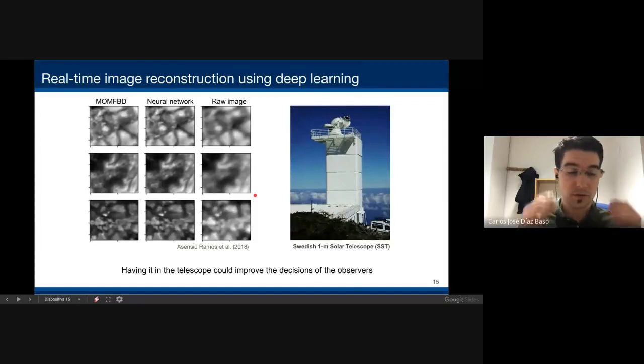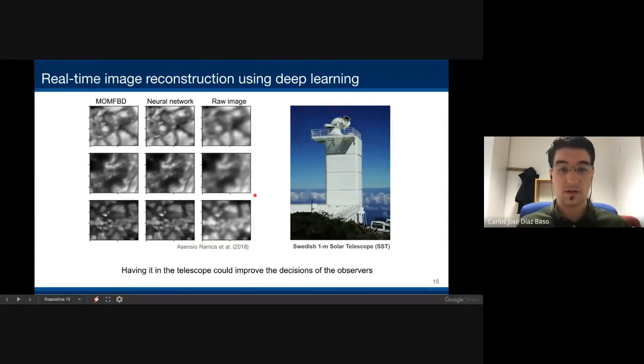This is, of course, much more complex than the original problem from the satellite. But they showed that this reconstruction can be done in almost real time.